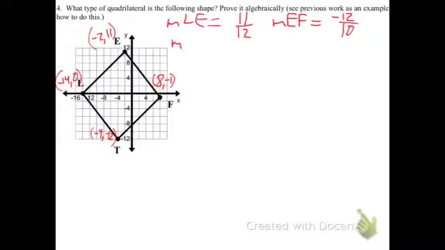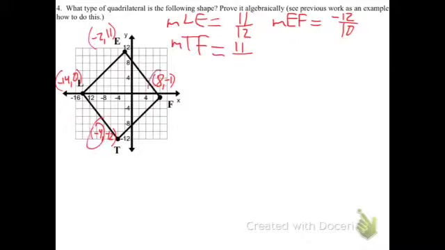The slope from T to F, I'm going to get that one next. I can really just look at my coordinates to help me out instead of counting it like I am. So for T, the y's go from negative 12 to negative 1, so that's a rise of 11.